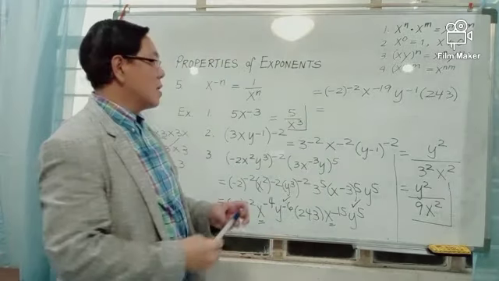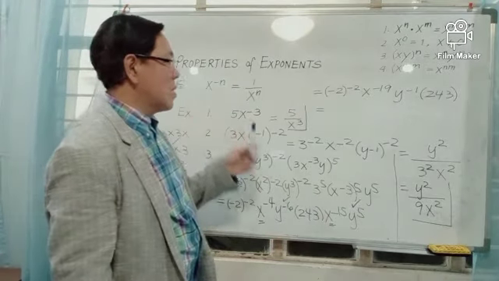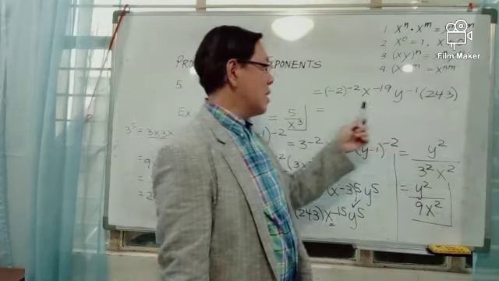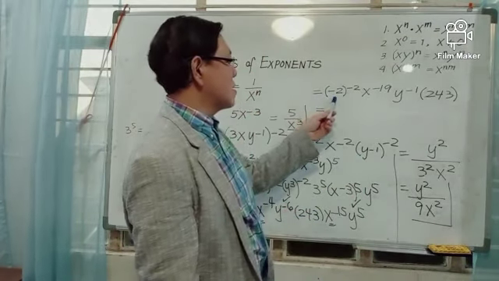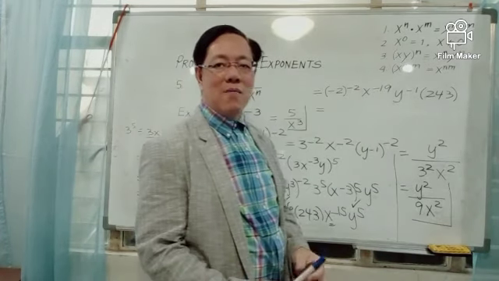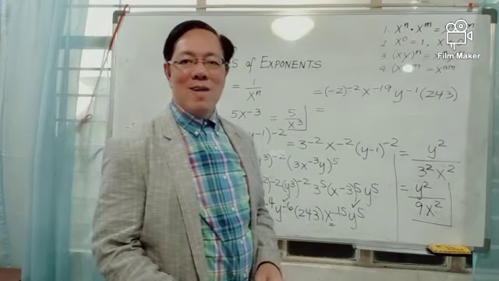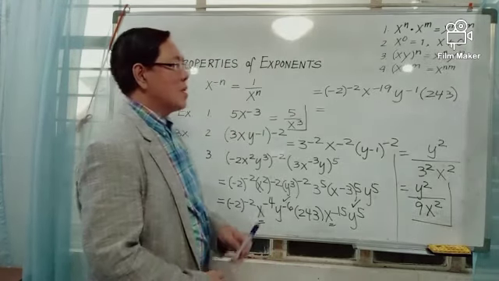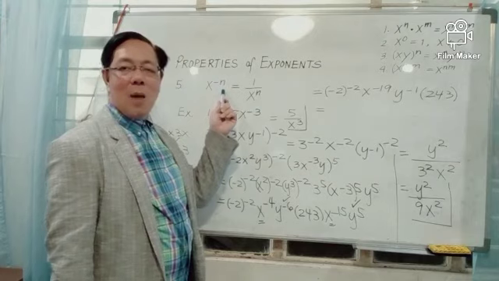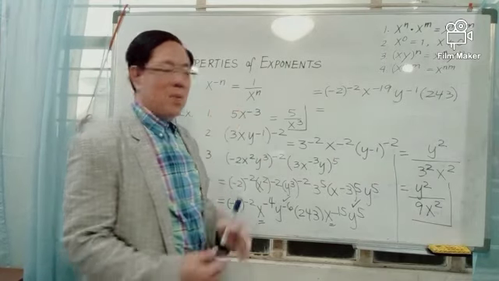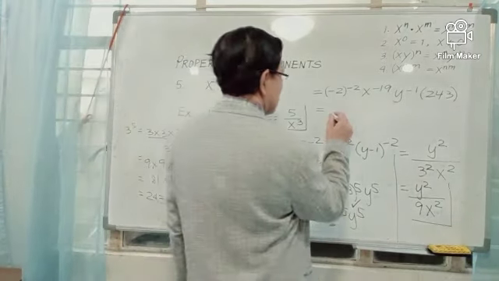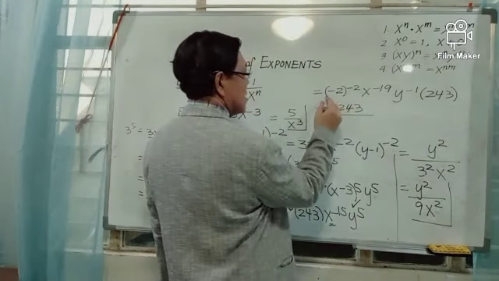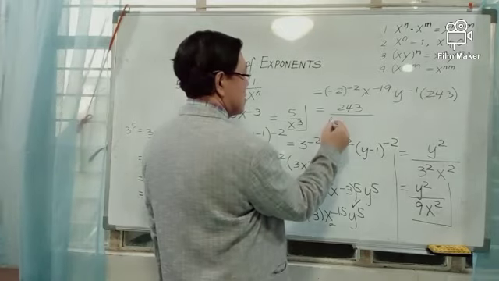Now we apply the fifth property of exponent. Only 243 will remain in the numerator because these three factors have negative exponents, and we will bring them down to the denominator, and we will take the opposite sign of their exponents. We get 243. Bring this in the denominator.